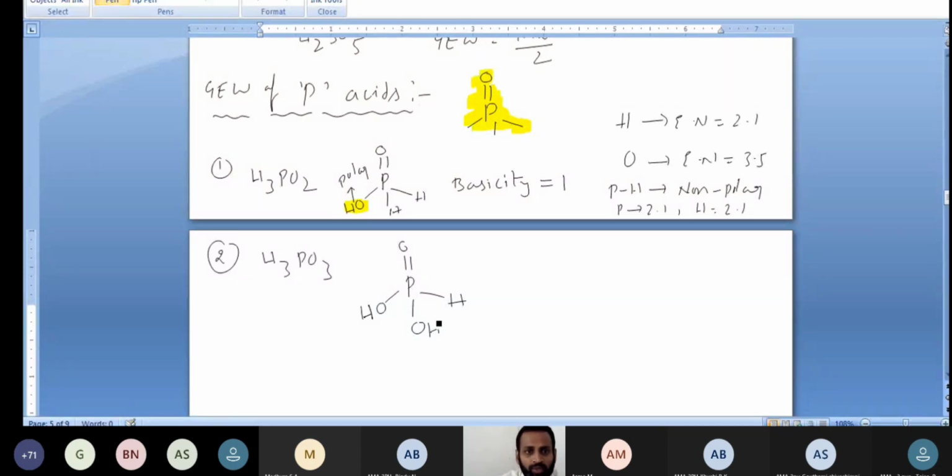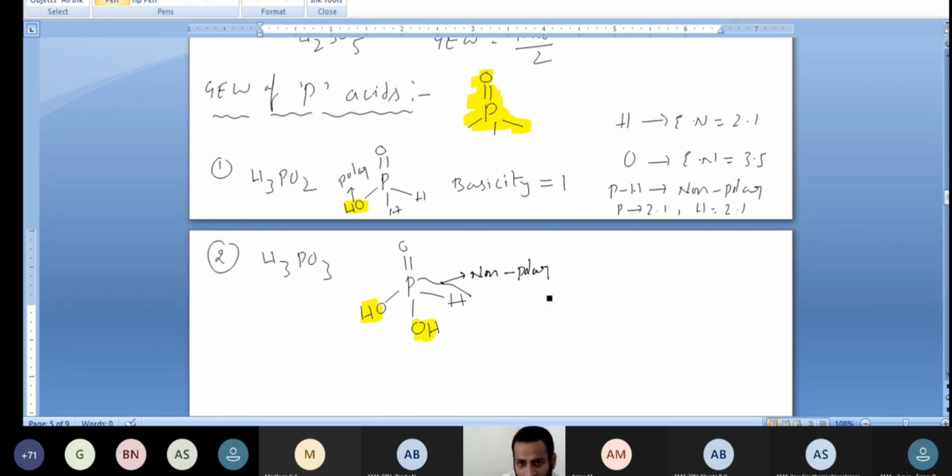That means how many OH groups you have? And this is another OH group. So the OH bond is polar, so H plus will come. It's a clear point. But for this particular P-H bond, that cannot come out as H plus. See, this P-H bond is non-polar.